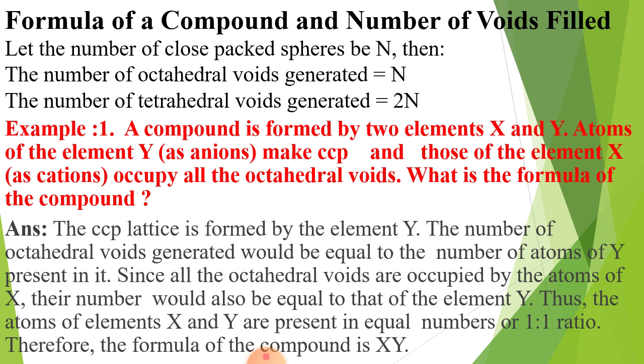Since all the octahedral voids are occupied by atoms of X, their number would also be equal to that of element Y. Thus, the atoms of element X and Y are present in equal number, or a 1:1 ratio. Therefore, the formula of the compound is XY. Cations are written first and then anions. That's why the formula is XY.